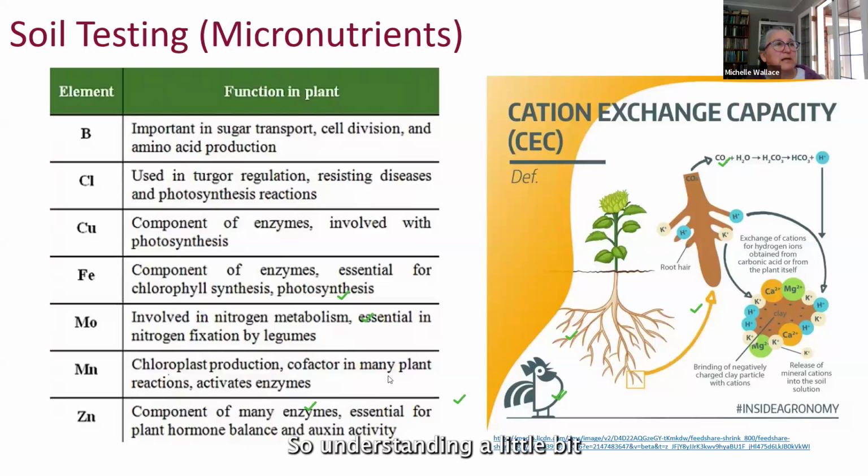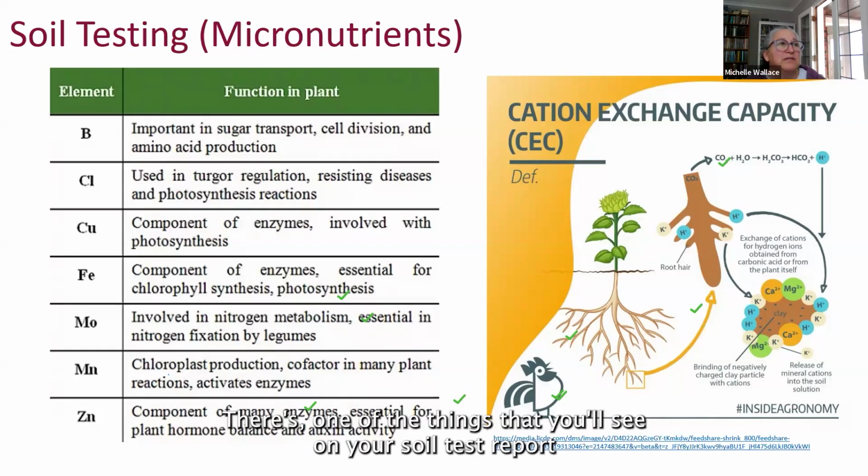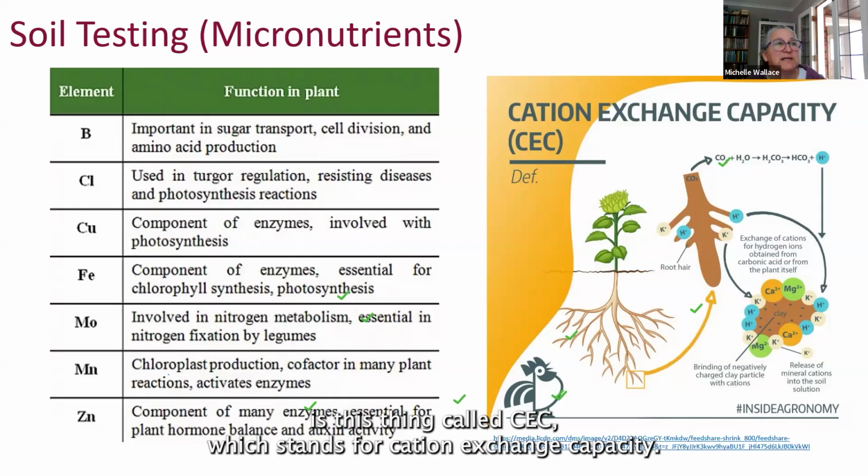So understanding a little bit about micronutrients can be helpful. One of the things that you'll see on your soil test report is this thing called CEC, which stands for cation exchange capacity.